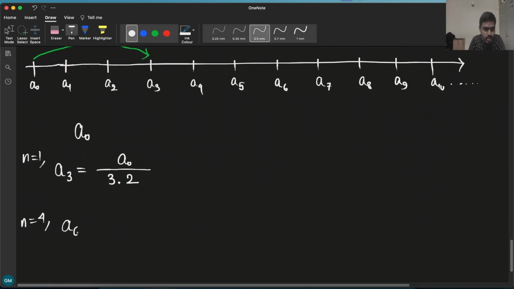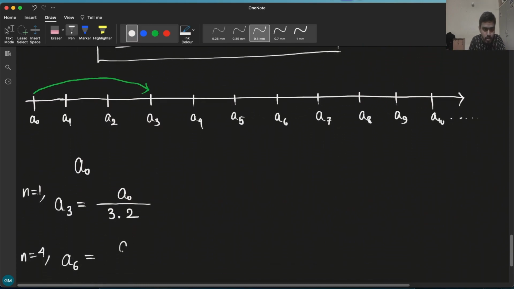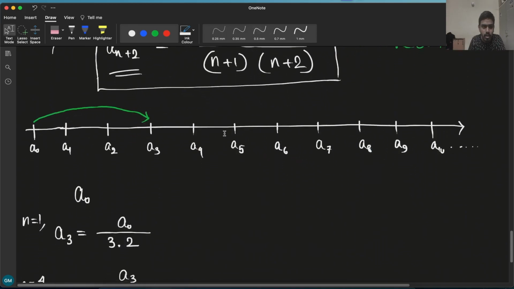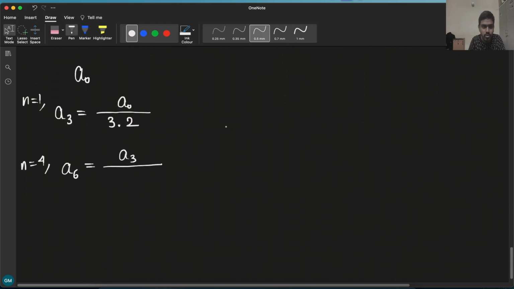So A6 equals this term A3 divided by, with n equals to 4, n plus 1 is 5 and n plus 2 is 6, so 5 times 6. Or rather, write it as 2 times 3 and 5 times 6.